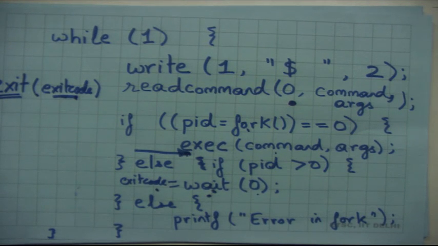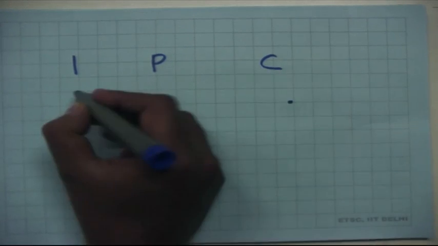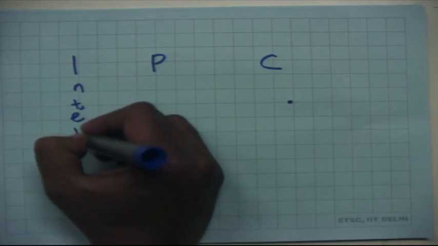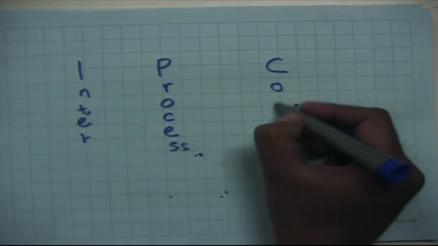The parent can get that kind of information for its child. It's a limited form of what I call IPC, inter-process communication.